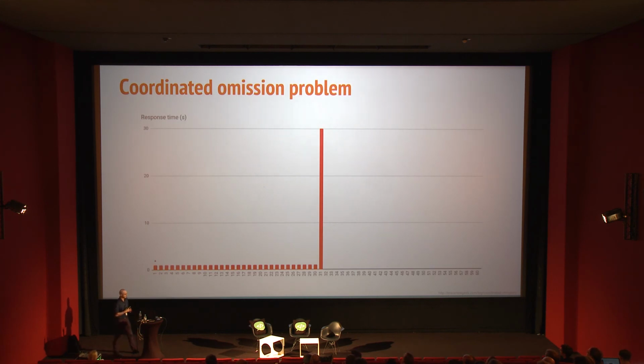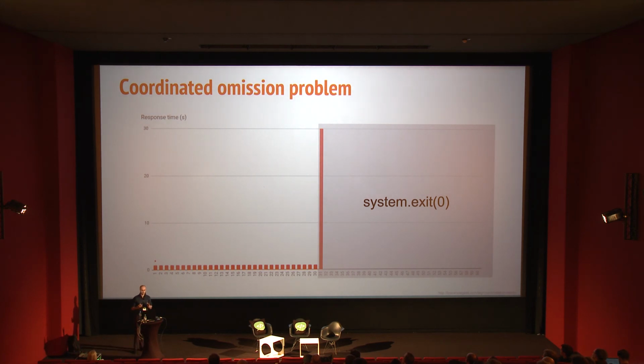Let's say we have a test scenario, 60 seconds for the whole test, and each second we start a new request, wait for the response, and then start another request. And responses are pretty fast, usually after 1 second, 1 millisecond. It doesn't matter, it's just a matter of scale. But after the 31st request, we need to kill our application brutally. So System.exit(0), kill -9, things like that.